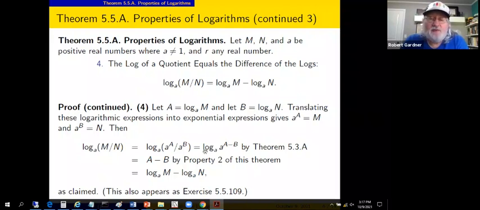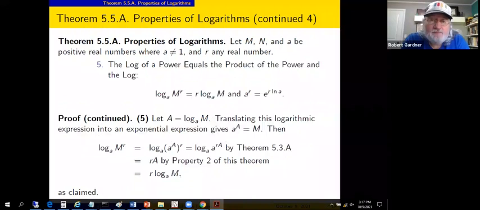Property 2 said those effectively cancel each other, composition of inverse functions, and we're just left with the exponent A minus B. Substitute in for A and B, just like we did before, and there you go. So this is identical to the previous proof, except there's division and subtraction instead of multiplication and addition. This actually also appears as one of the exercises in this section 5.5.